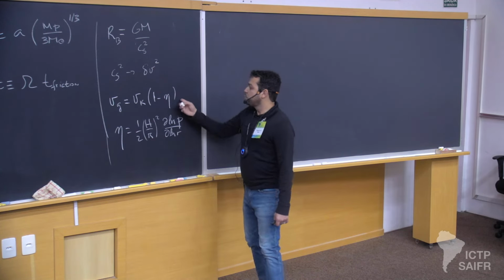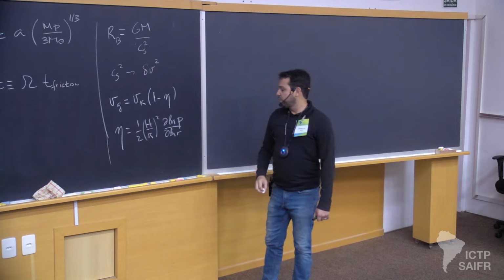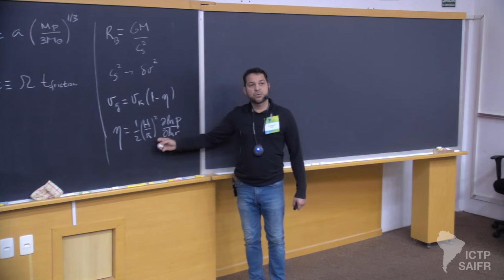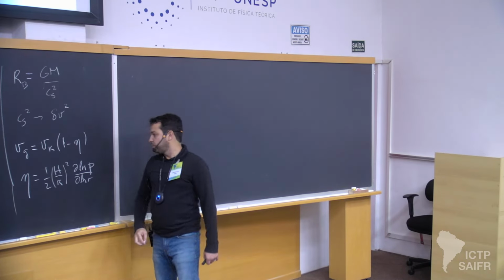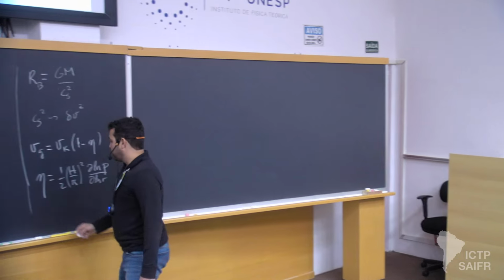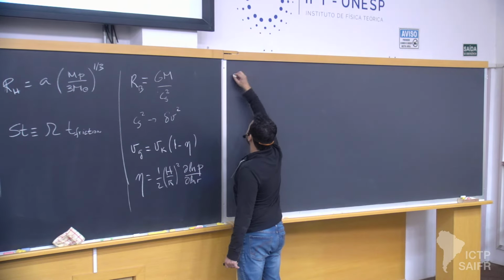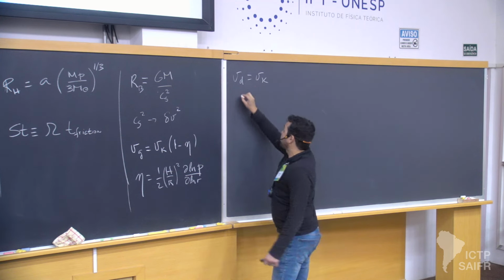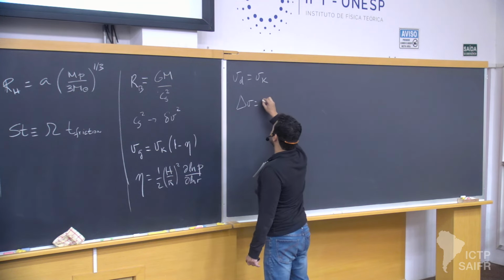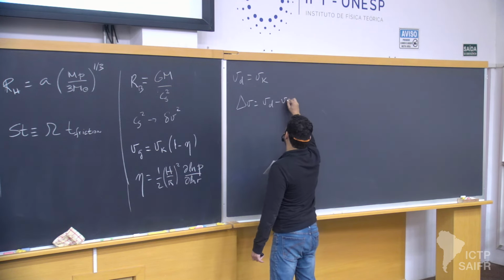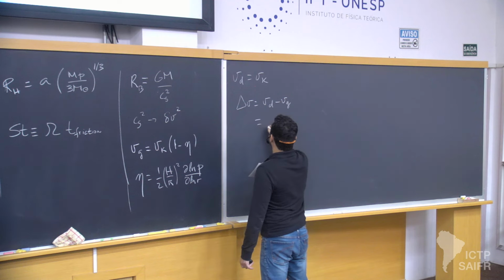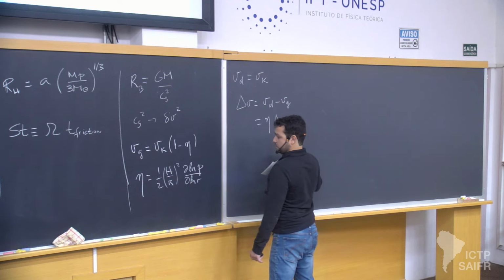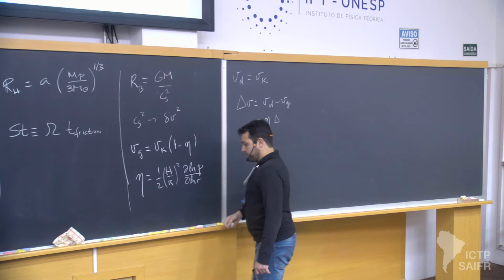This gives you a small reduction because it depends on the square of the aspect ratio, whereas the dust grains, let's call it V dust, orbit with the Keplerian speed. So delta V, the velocity of the dust minus the velocity of the gas, is given by eta times the Keplerian speed.